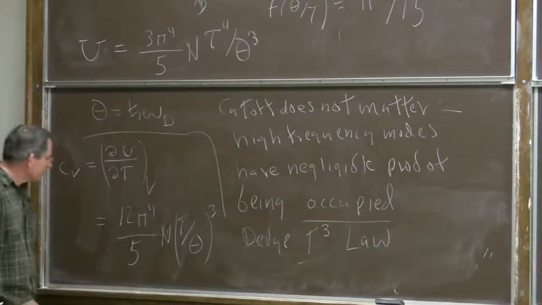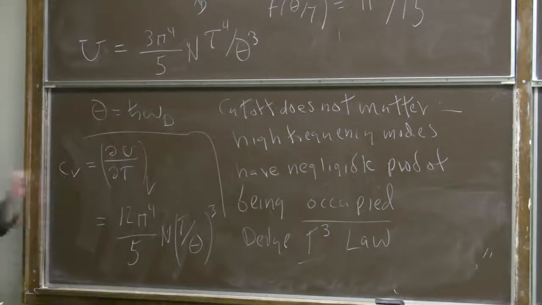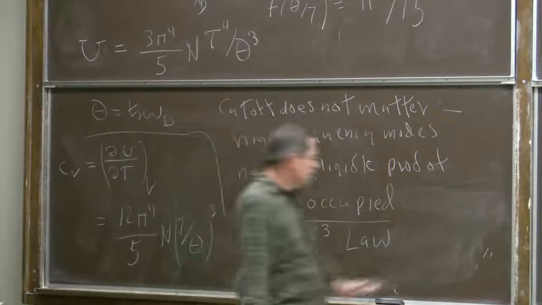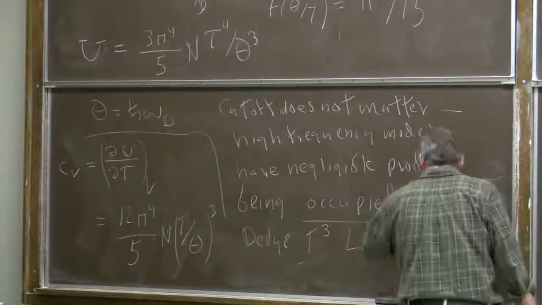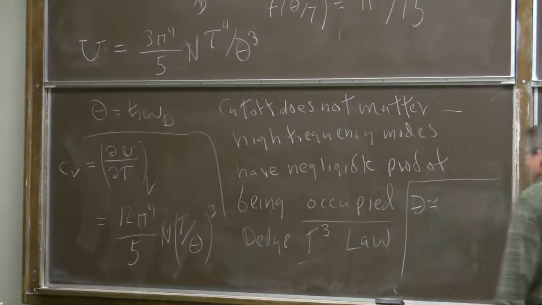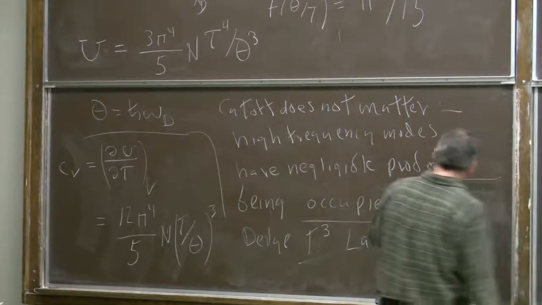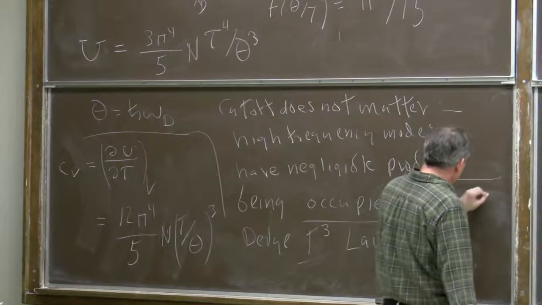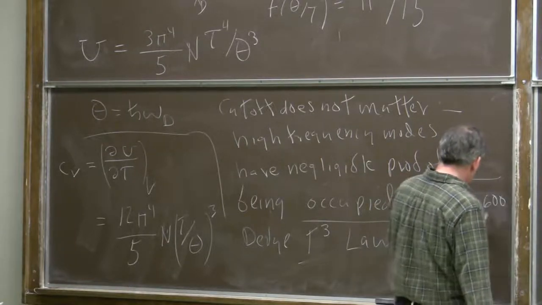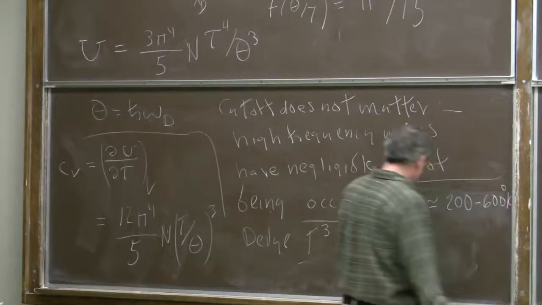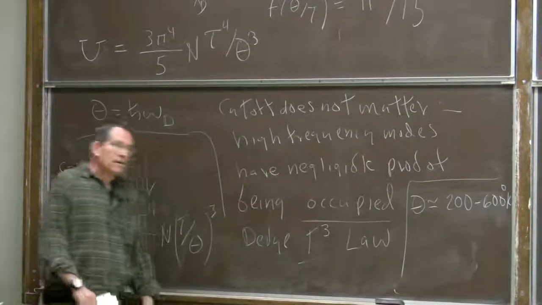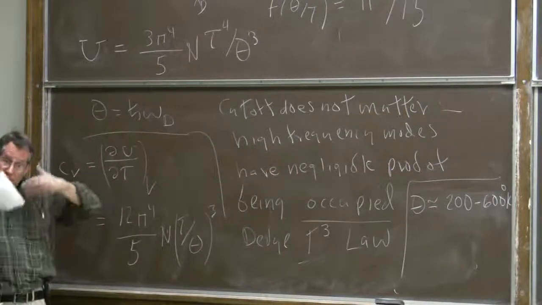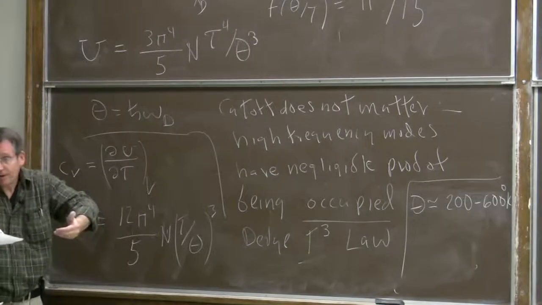The behavior of this heat capacity at small temperature goes like temperature cubed. In practice, for real solids, typical values for theta, well, it depends on the solid, but typical values are about 200 to 600 degrees K. But remember, for this approximation to be good, the temperature has to be small compared to theta.